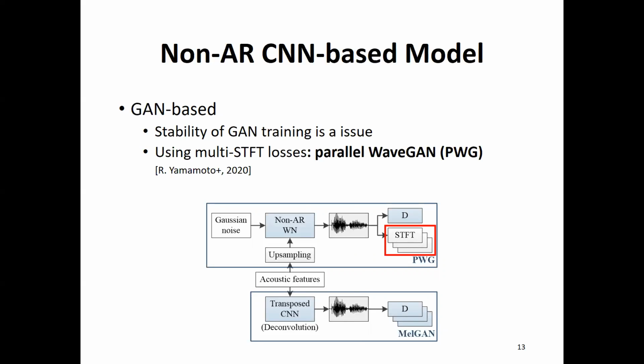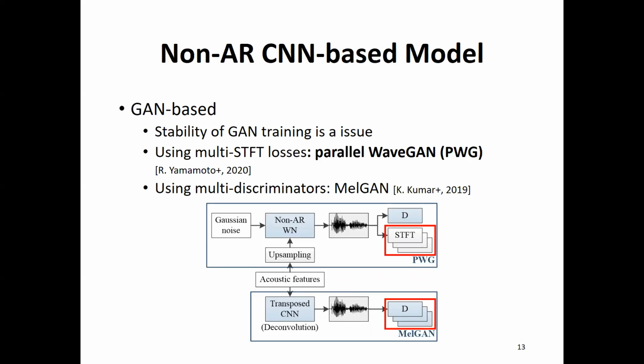The generator of PWG is a non-AR WaveNet, and its inputs are white noise and upsampled acoustic features, which have matched temporal length as the target speech waveform. The generator is trained with both the GAN loss and the multi-STFT loss, with different FFT lengths, frame lengths, and hop sizes. The multi-STFT losses make the generator capture hierarchical information of the speech signal and make the training stable.